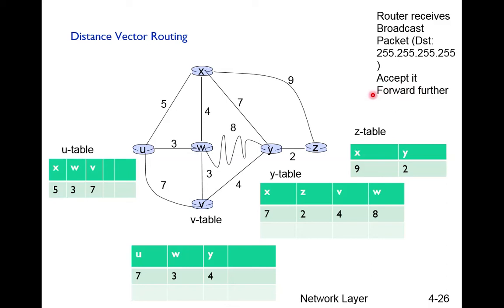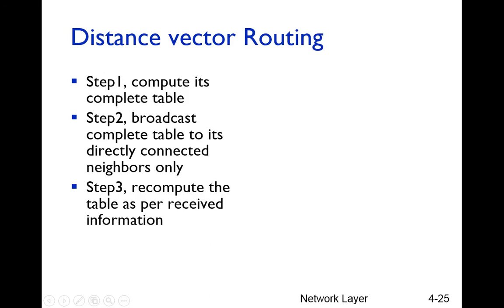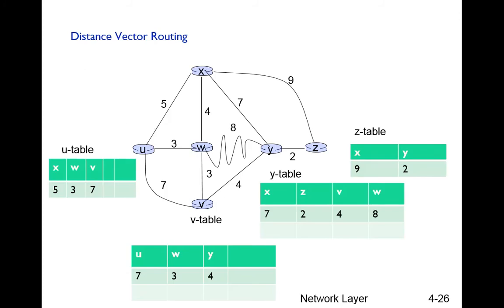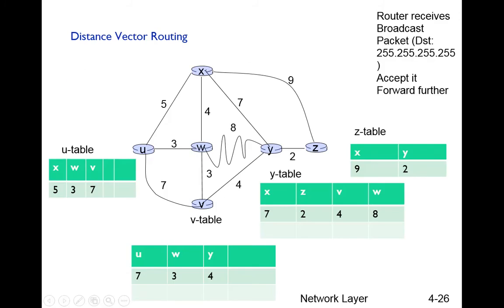As we have discussed, the distance vector routing protocol broadcasts the complete table only to its neighbors. So the packet should not be forwarded further, it should only be sent to its neighbors. How do we control that the message broadcast by Z is only received by Y, and Y does not forward it further?